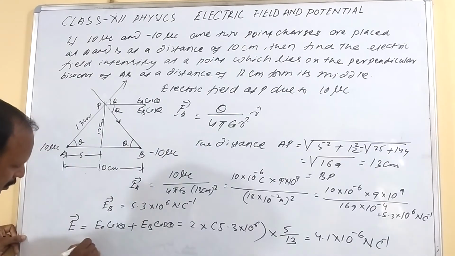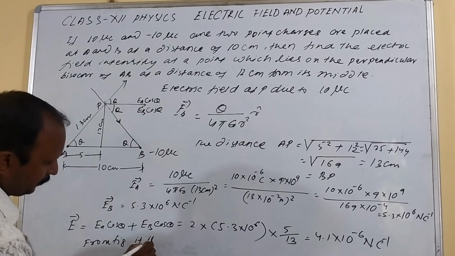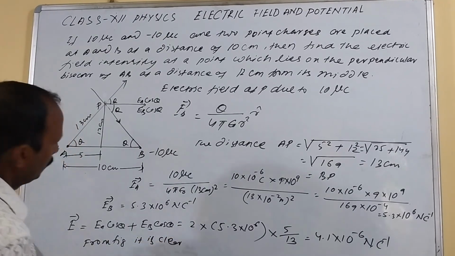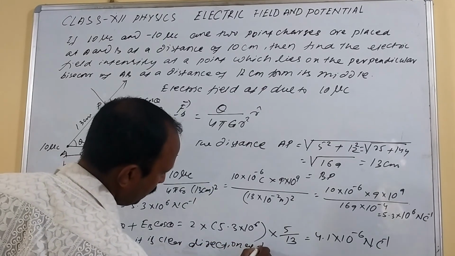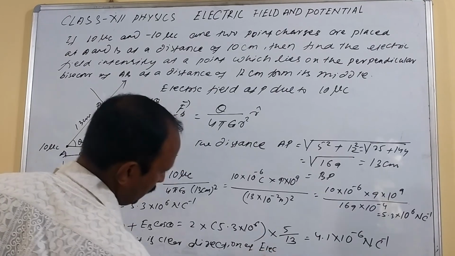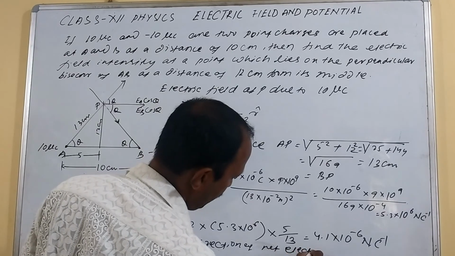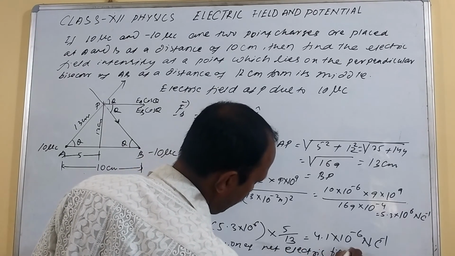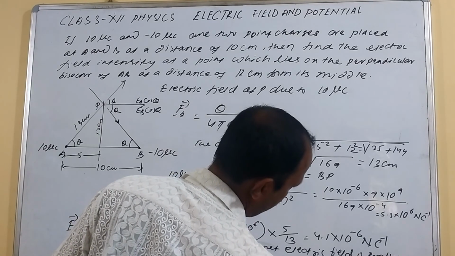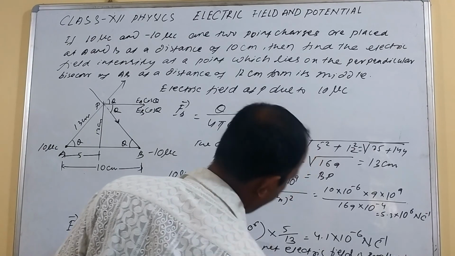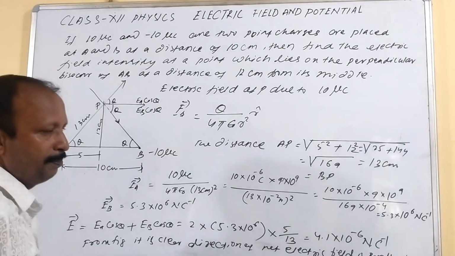From the figure, it is clear that the direction of the net electric field is parallel to AB. Its direction will be like this, it will be parallel to AB.